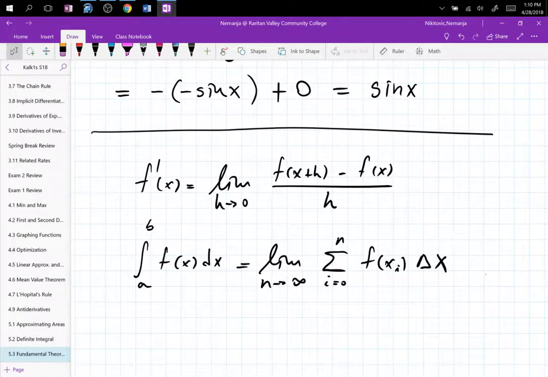Can you look at these formulas and tell me why and how derivatives and integrals are opposites of each other?